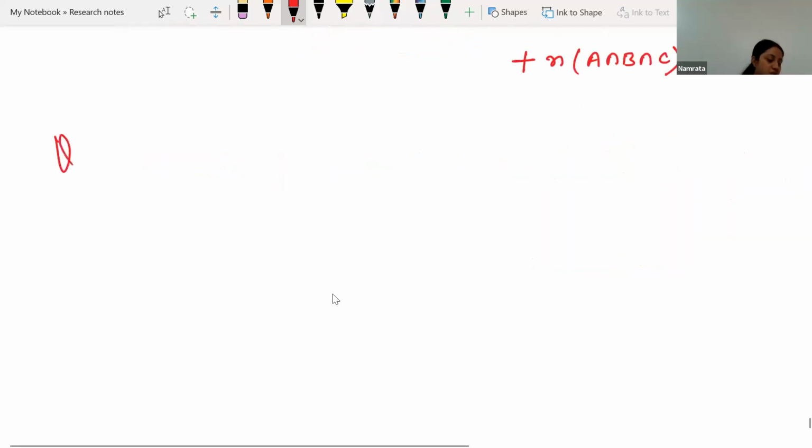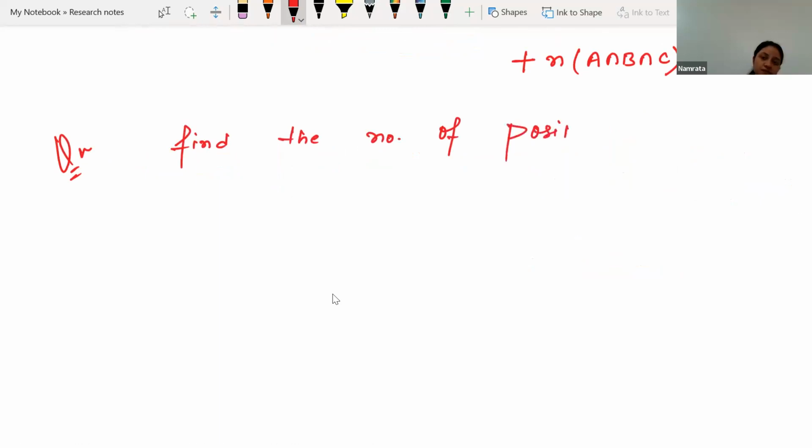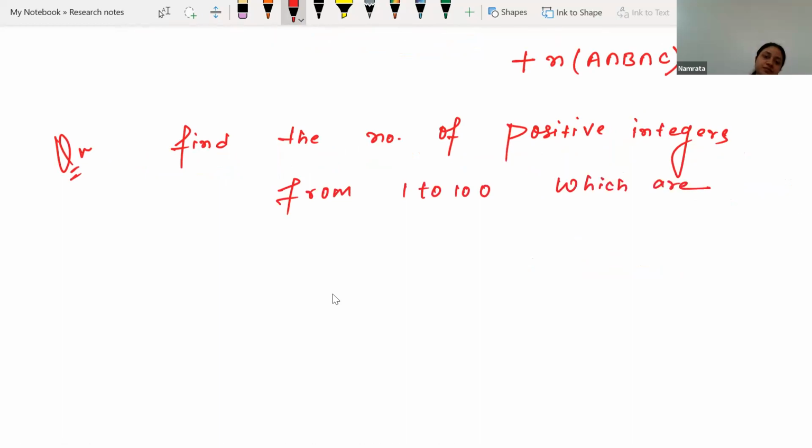Let's do that. The question says, find the number of positive integers from 1 to 100 which are divisible by at least 3 or 5.